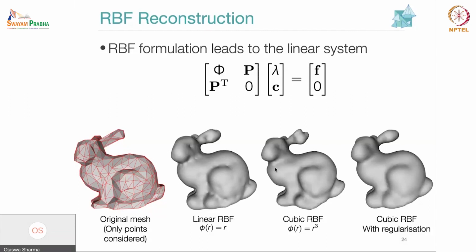You could regularize the cubic RBF, and that gives a better appearance. But RBF is an old method, and it was very well known earlier, which was later replaced by another method, which we can look at now. But if anybody has any questions on the RBF, we can quickly take a look at that.